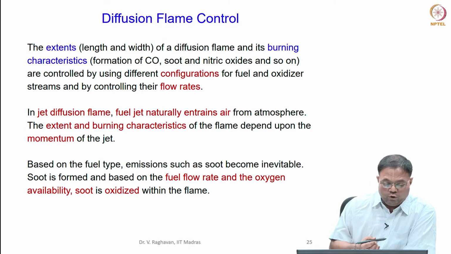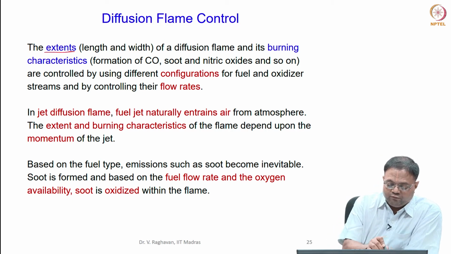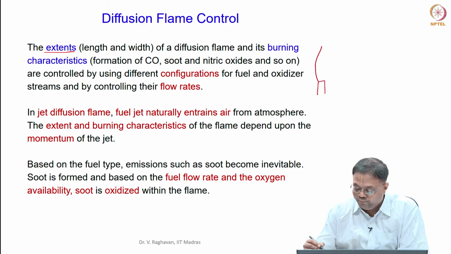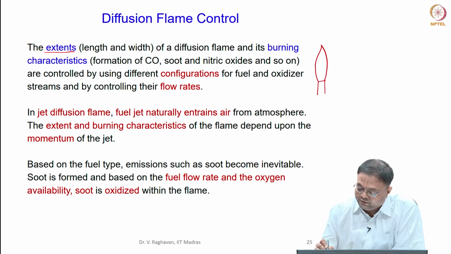So if you take the extent of a flame, for example, if you have a jet flame, when I say extent, I mean the flame width or the flame height. Flame height is very important, as are the flame width, flame radius or flame diameter.